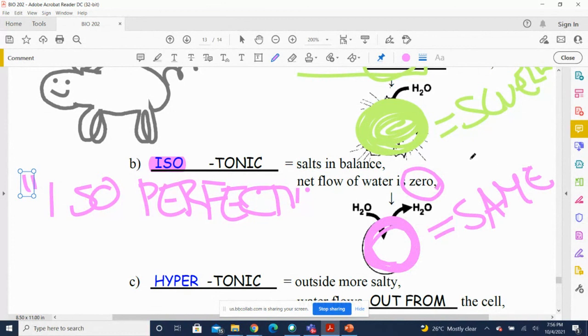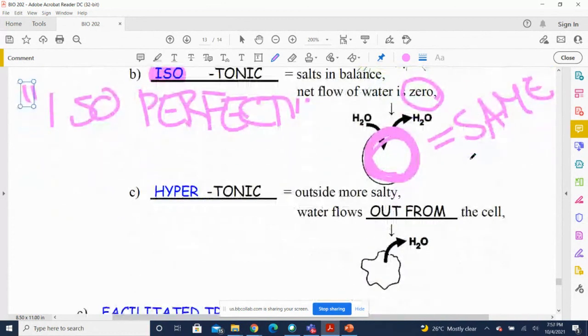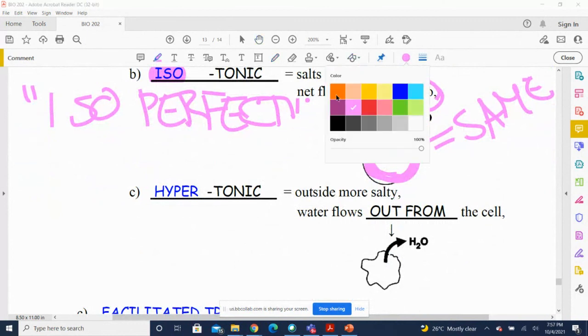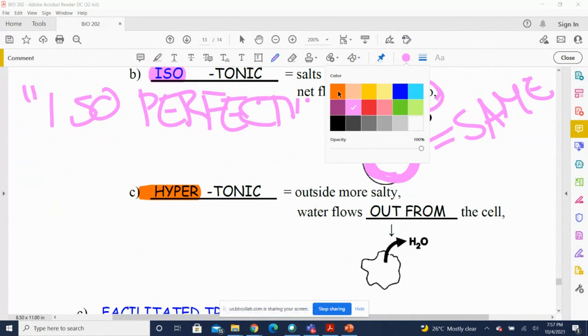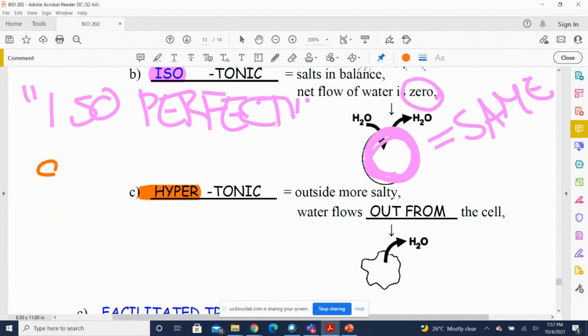And the final example that I had was our hypertonic cells. So again, use those mnemonics if they help you, or come up with your own. If someone's hyper, what do they do? I told you that hyper people that I know, at least, end up running around, being very active.